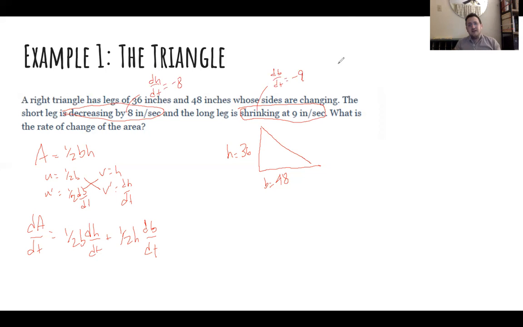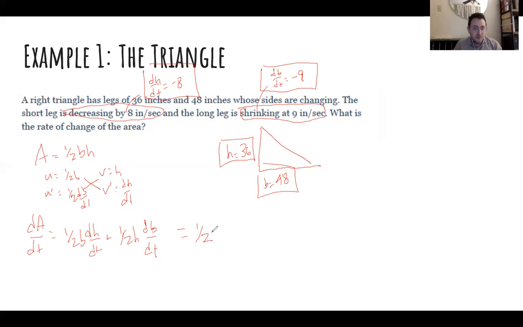And it makes sense actually. So dH/dt tells us, the H or the B are measured in inches, and the T is measured in seconds. So we have all the major data here: the dH/dt, the dB/dt, the H, and the B. And then I'm just going to plug them in.